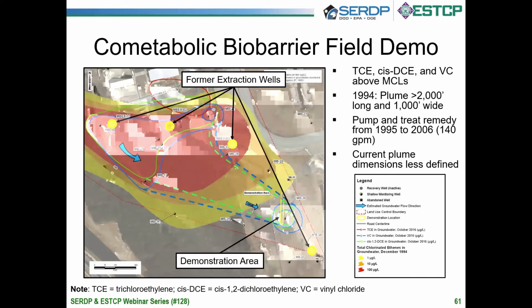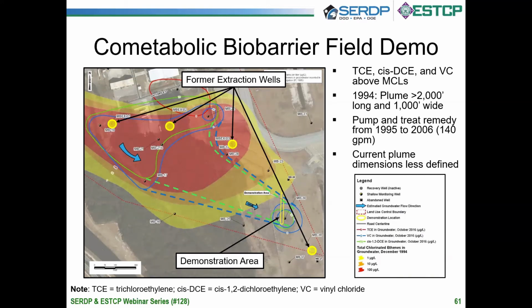So just a brief history on the site. Back in the 80s and 90s, they did a lot of remedial investigation. They found a rather large plume containing TCE, cis-DCE, and vinyl chloride above MCLs. In about 1994, that plume was measured about 2,000 feet long, 1,000 feet wide. And they installed a pump and treat system and ran that for about 11 years from 1995 to 2006.